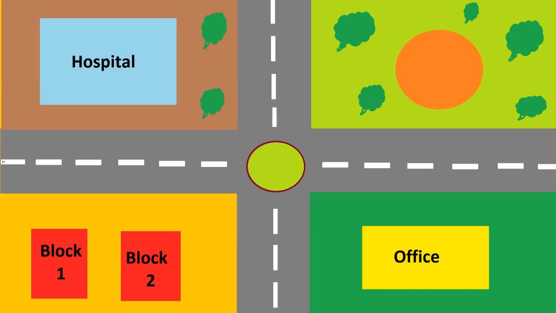For doing this, two tags are used. The name of the first tag is map, M-A-P, and the name of the other tag is area. To specify these hotspots, we need to use these two tags.